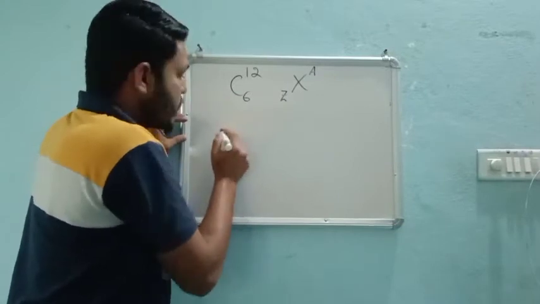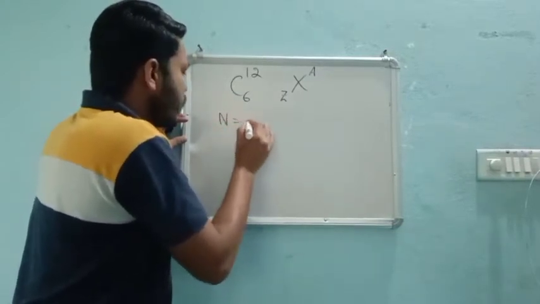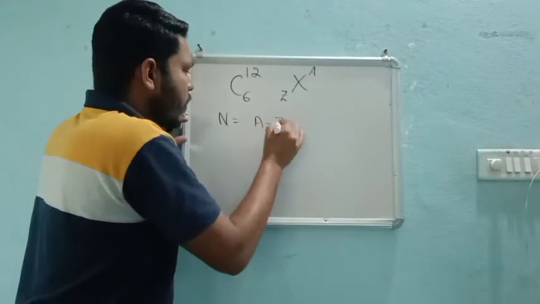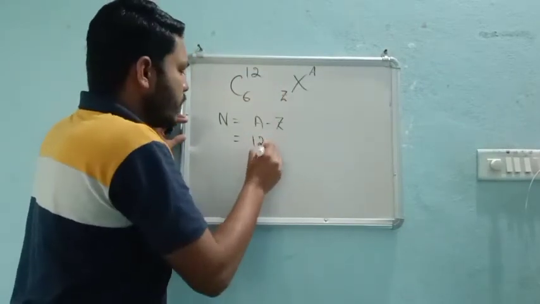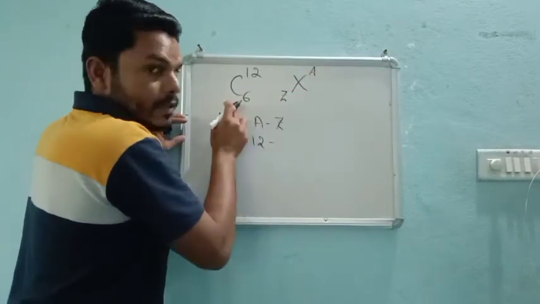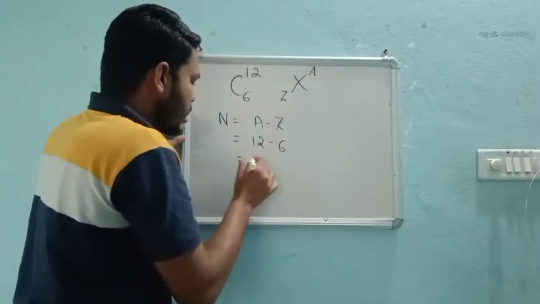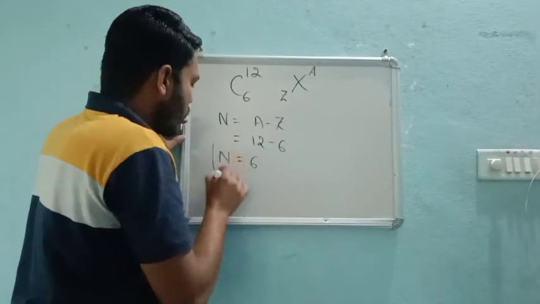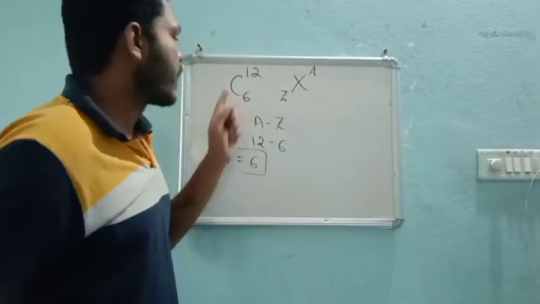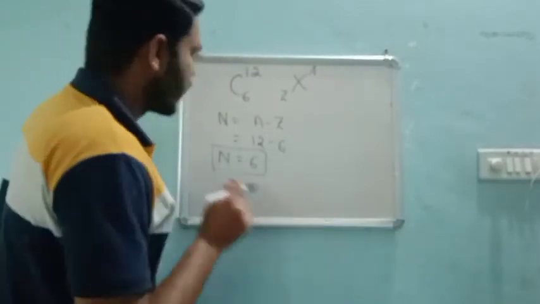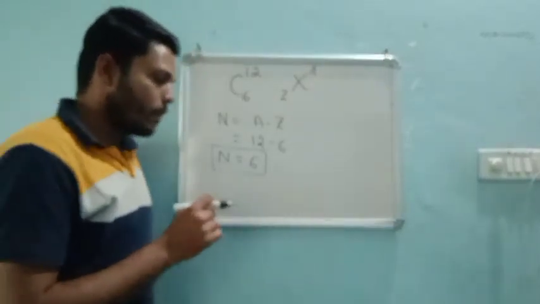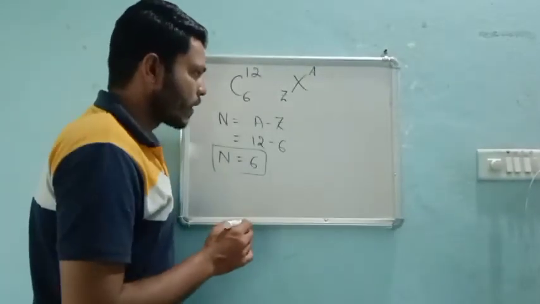Now N is equal to A minus Z, which is our formula. Here A is 12 and Z is 6, so the number of neutrons present in our carbon will be 6. Likewise, you can solve many problems.